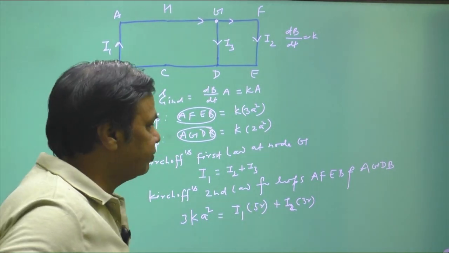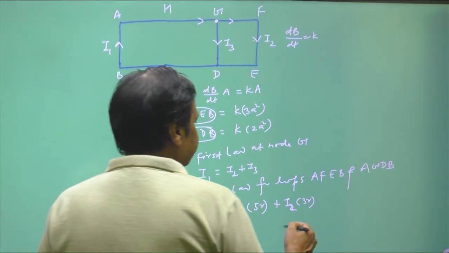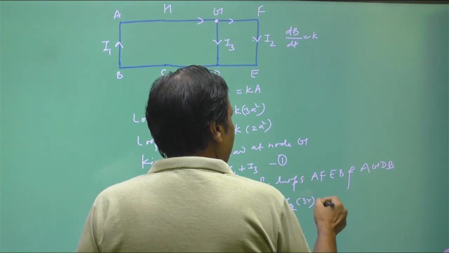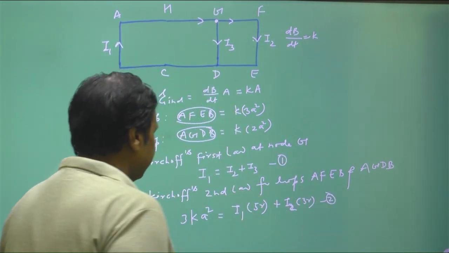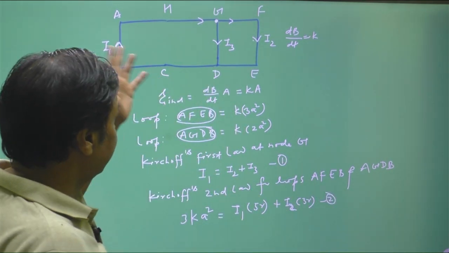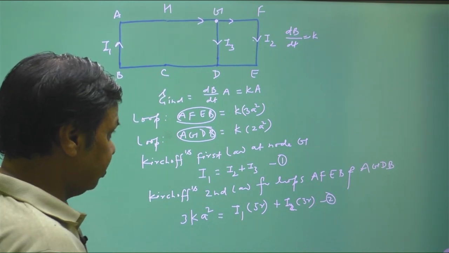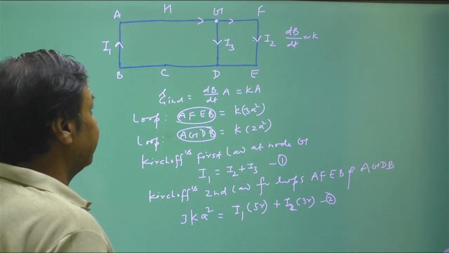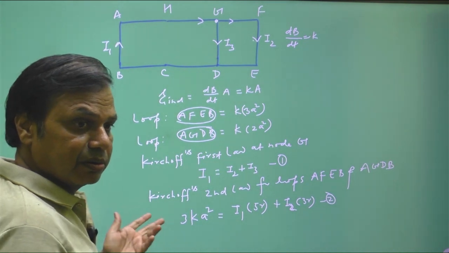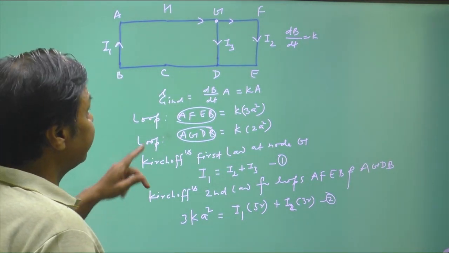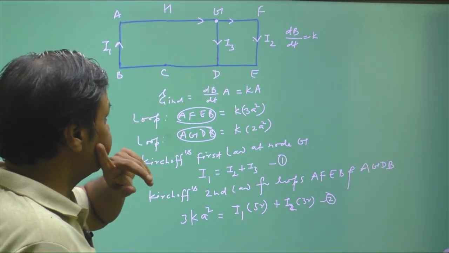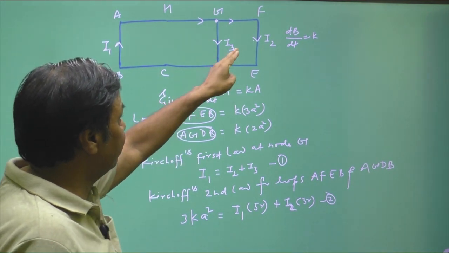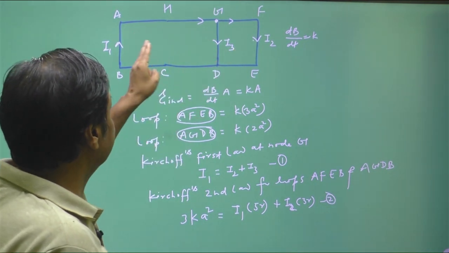So this is Kirchhoff's second law for the bigger loop, which is AFEB. And now I can write Kirchhoff's second law for this loop, that is AHBD.